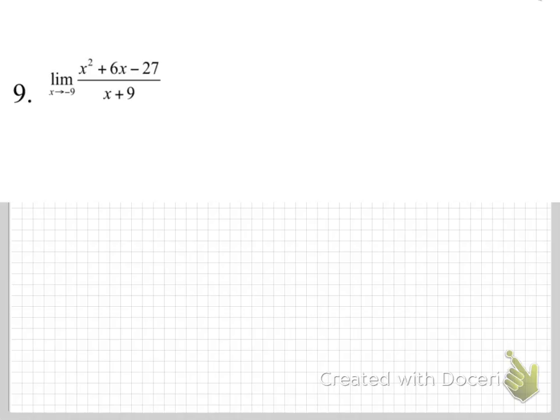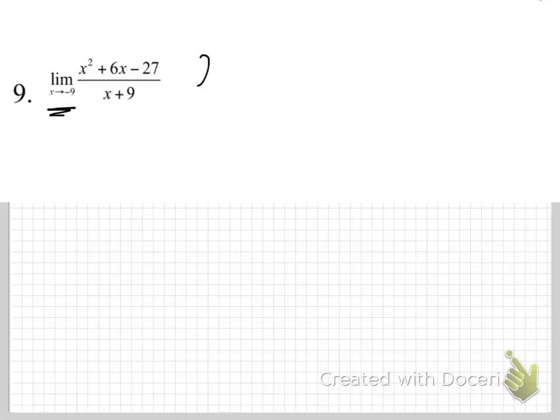In this last problem in this section, I see that if I take my -9 and I plug it in, I'm going to have a 0 in the denominator. Since I see that, I'm going to now try to see if I have removable discontinuities, which are holes. To do that, I'm going to factor my numerator.